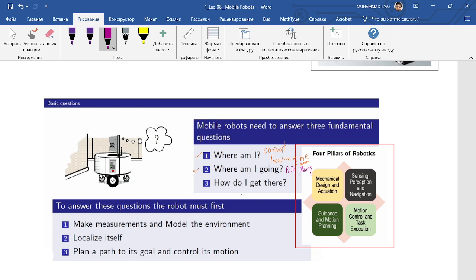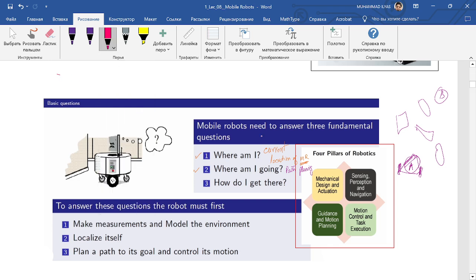This is control and motion planning: how I move from point A, for example, to a point B in the environment, where the mobile robot is at current location A with its wheels. If there are obstacles in the environment, how does it figure out how to go without hitting the obstacles and without getting stuck between them, and reach the destination point?